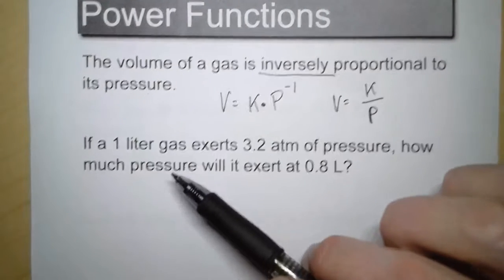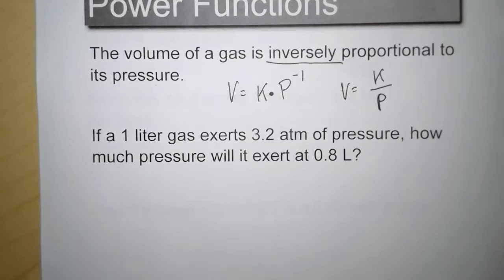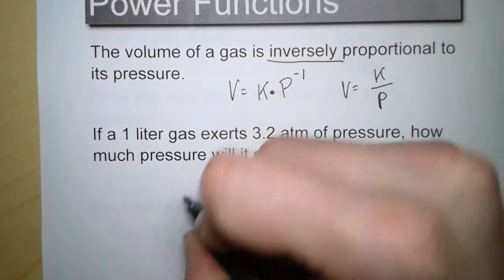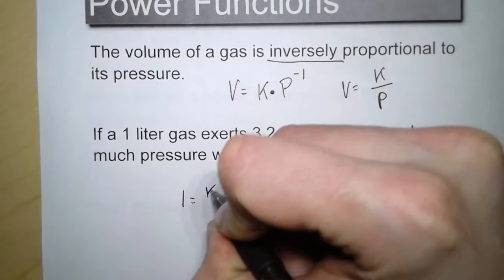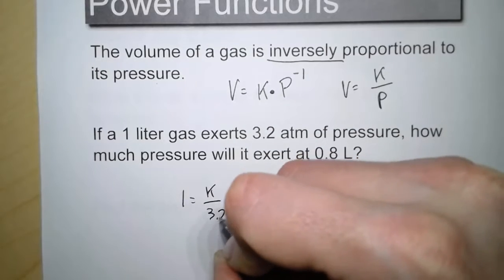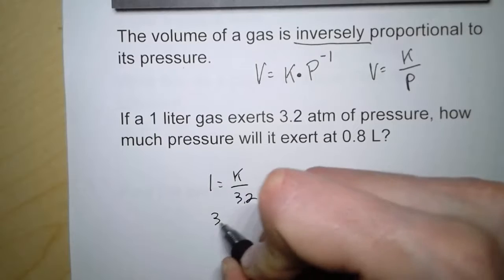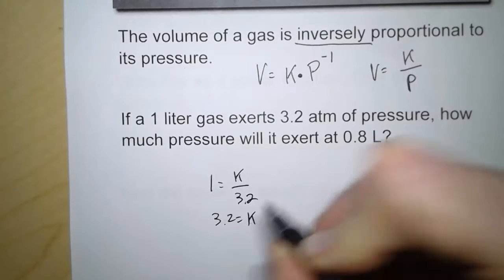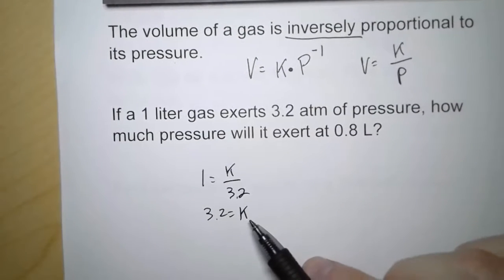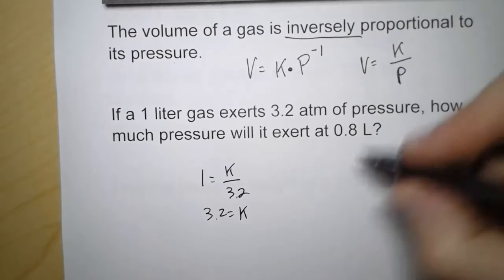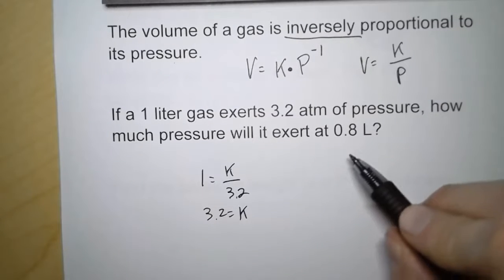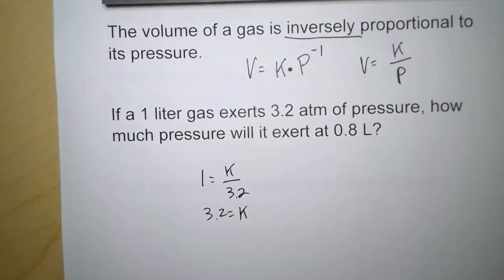So here we're given that a 1 liter gas exerts 3.2 atmospheres of pressure. So we put 1 in for volume, and we put 3.2 in for pressure. And so to solve for K, we get 3.2 equals K. Now that constant allows us to then use that throughout the rest of the problem. So then we ask, how much pressure will it exert at 0.8 liters?